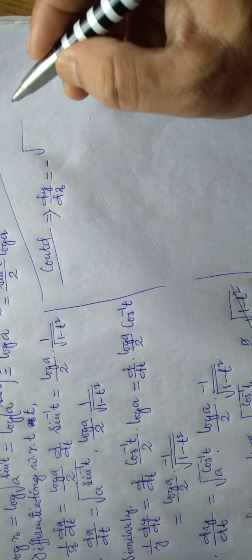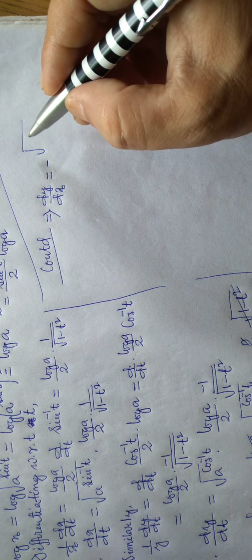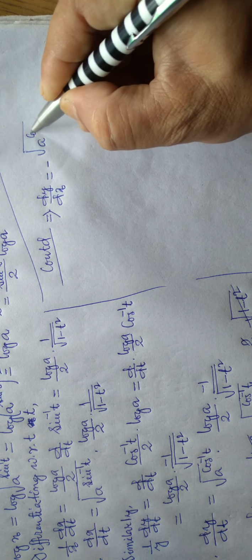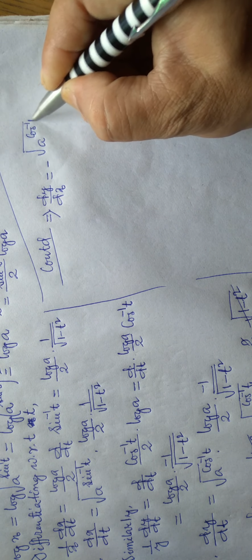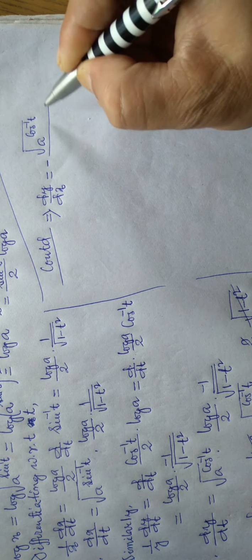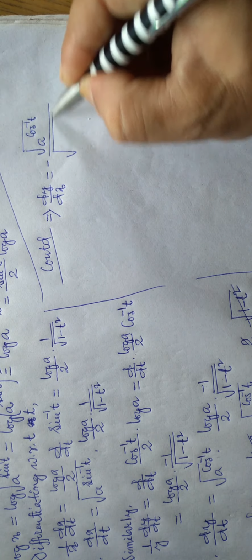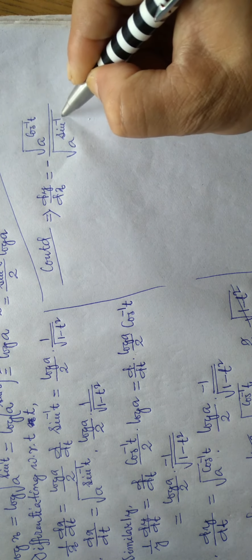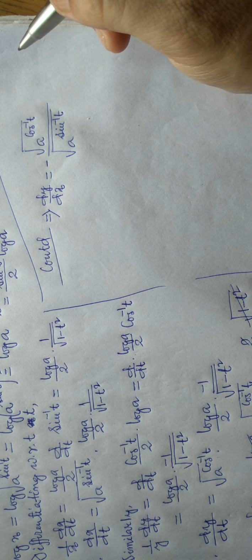What is remaining in the numerator is e to the power cos inverse t, and in the denominator, root over e to the power sine inverse t. These are the things, okay?